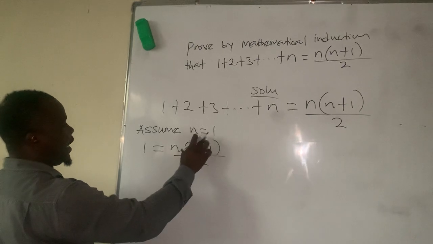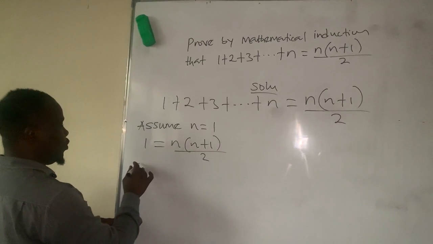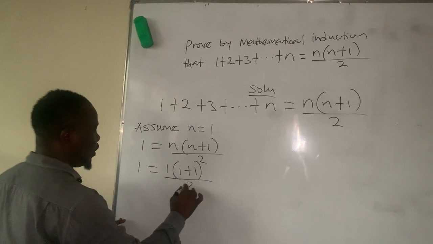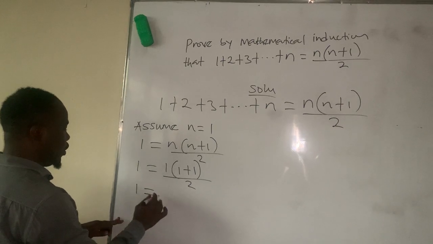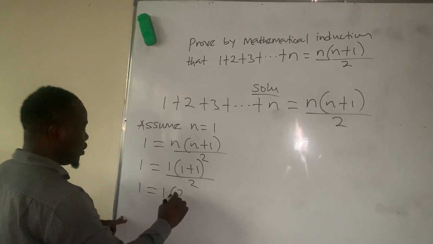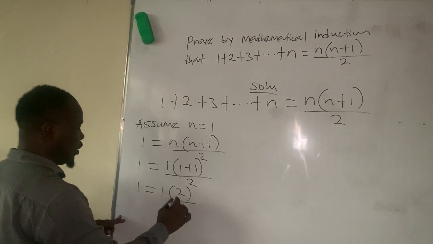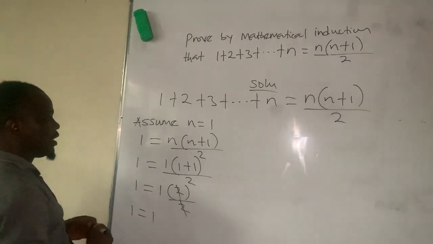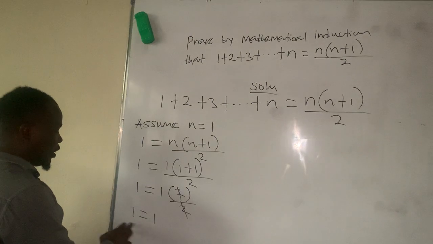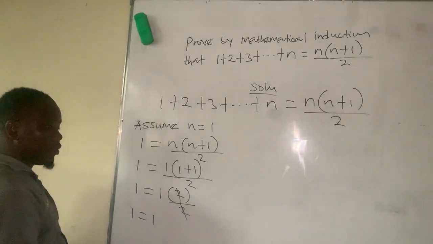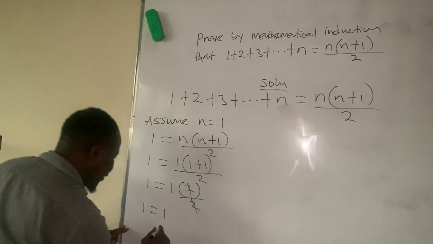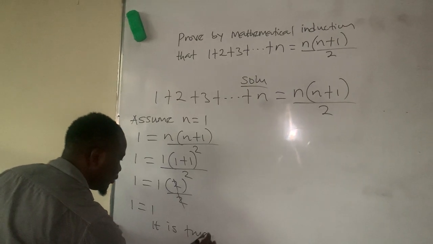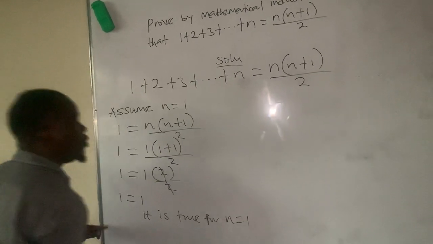Anywhere you see n, you substitute in 1. Then we write 1 = 1(1 + 1)/2. Then 1 = 1 times 2 over 2. It means this and this will go. It implies that 1 = 1. You discover that the left hand side is equal to the right hand side. This implies that we will now conclude by saying it is true for n equals 1.